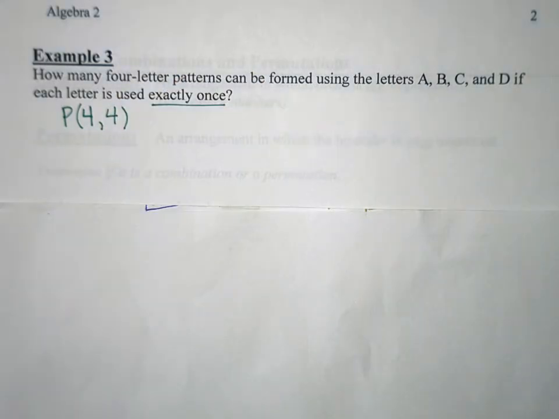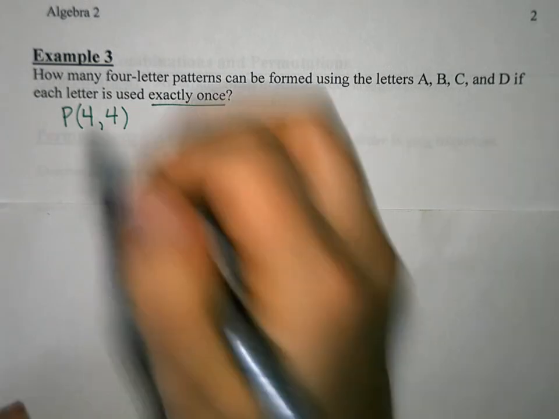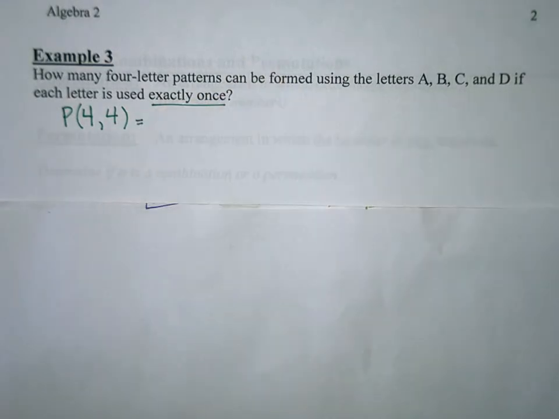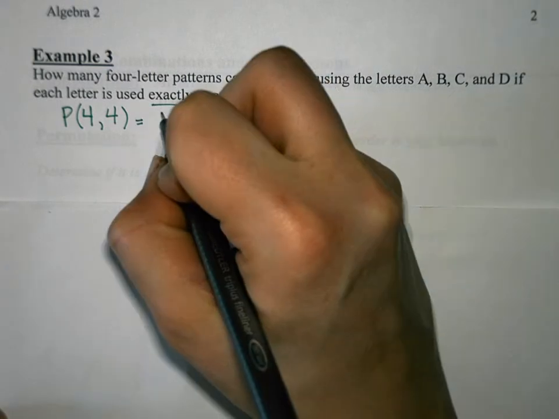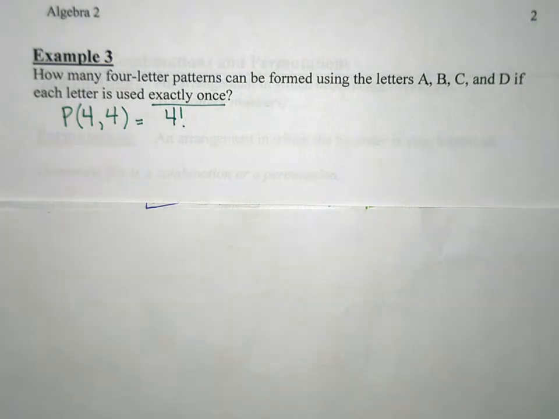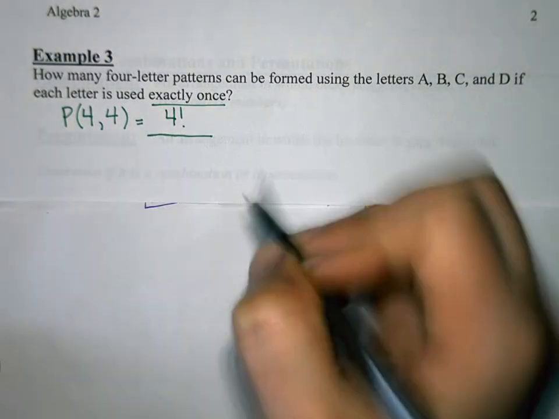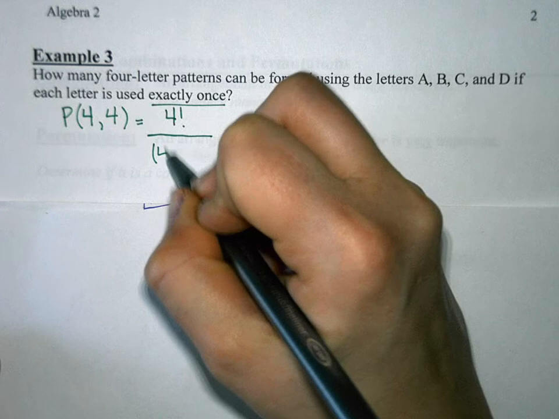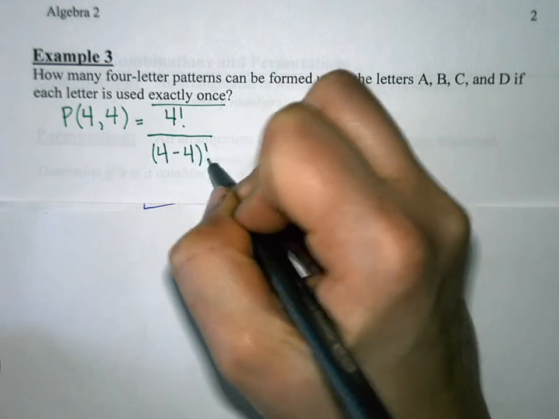That means that each arrangement is going to have 4 letters. So according to our formula, we have n factorial, so 4 factorial, all over n minus r, so 4 minus 4. And then we're going to take factorial of that.